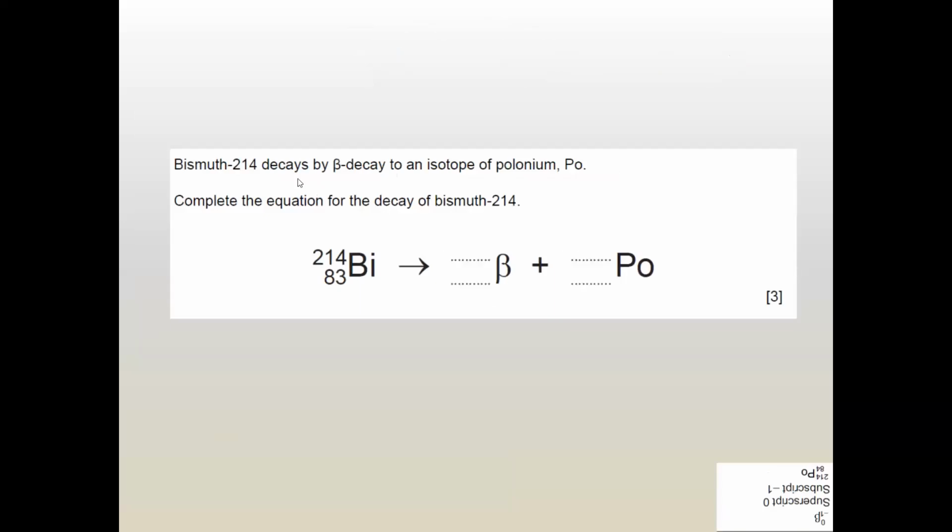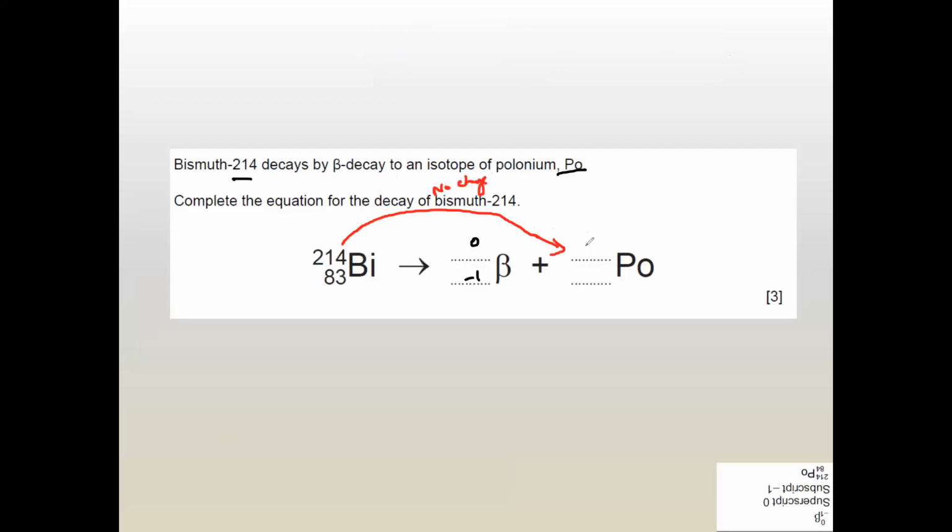Another question related to beta emission. Bismuth 214 decays by emitting a beta particle and converts into polonium. This is the symbol for beta, 0 and minus 1. So when the new nucleus is formed, what happened to the nucleon number? It does not change. Whenever there is a beta decay, there is no change in the nucleon number.